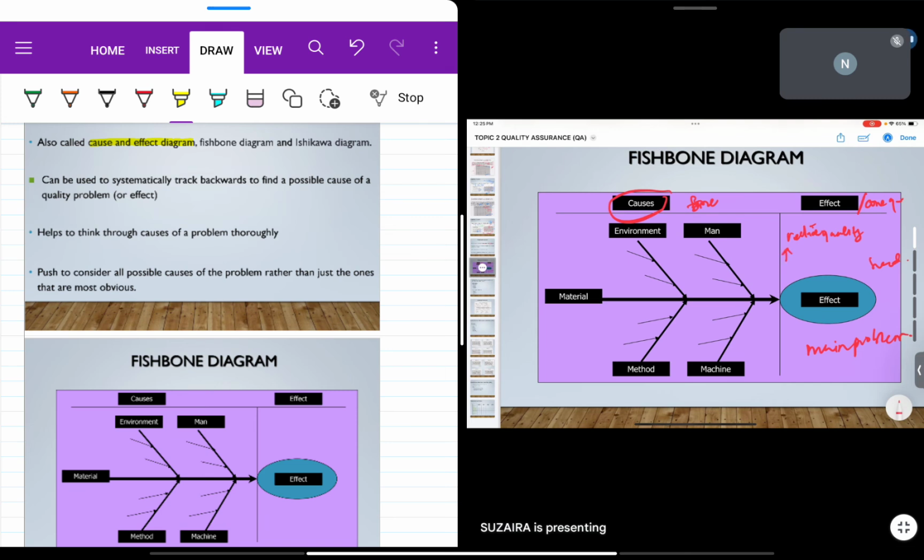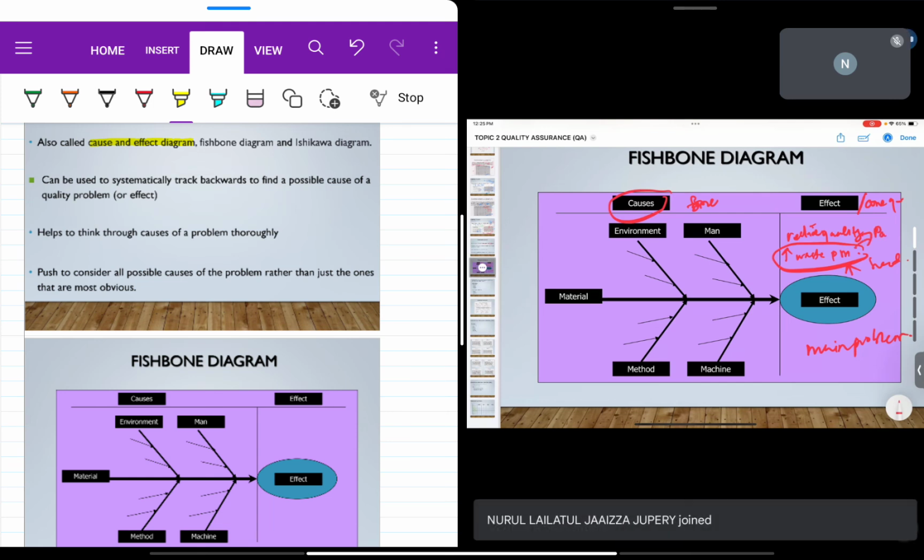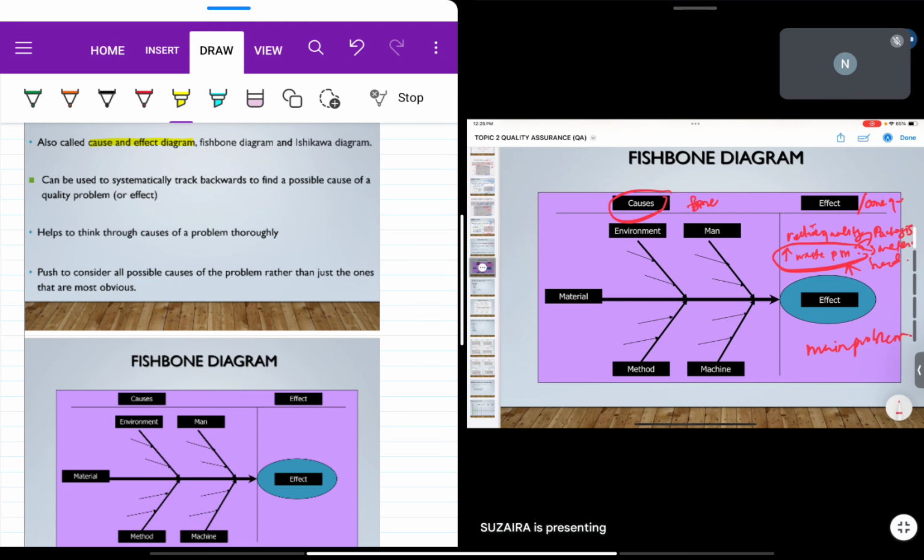So this is more specific because we focus on the packaging process and the wrappers. Packaging is a process, and also the material, and probably the operators. So maybe we have like three here.